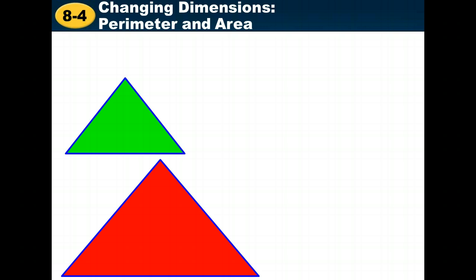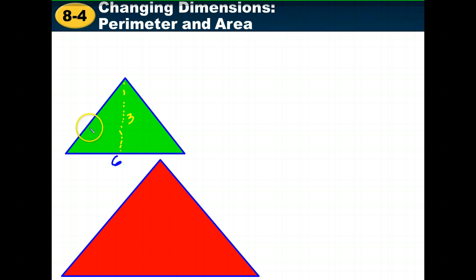All right, so here let's take a look at these triangles. Now let's use some easy numbers for these. So here let's say we have the little triangle. The height is, let's say, 3, and the base is 6.